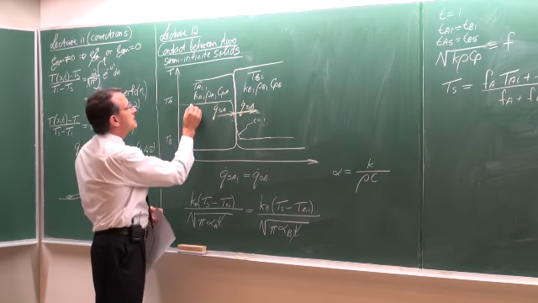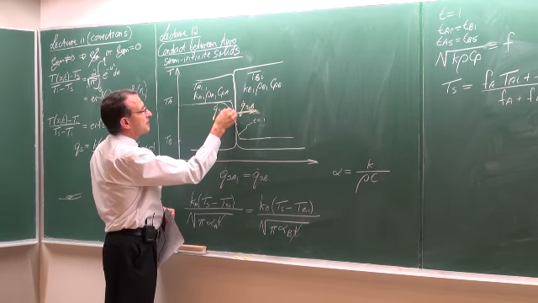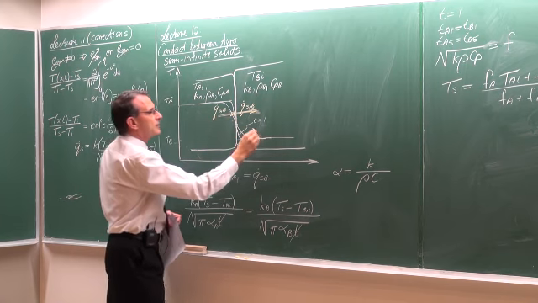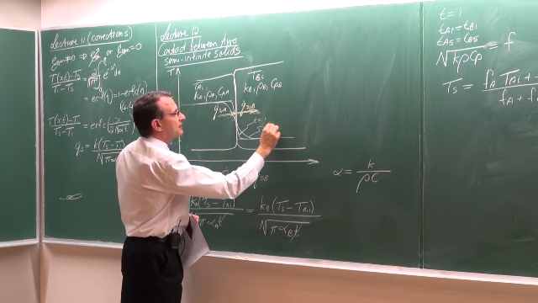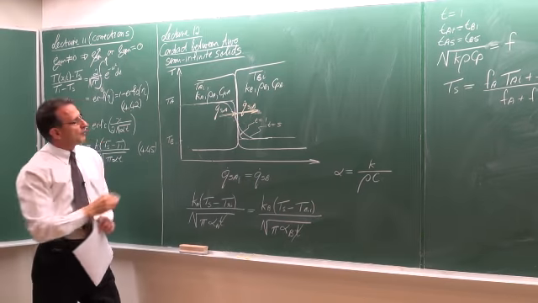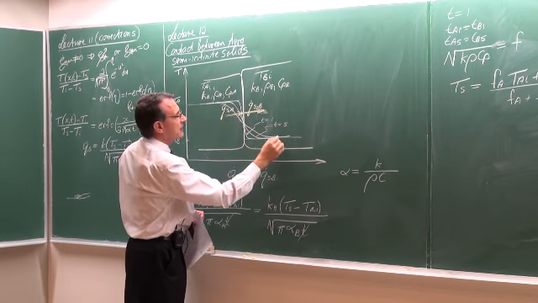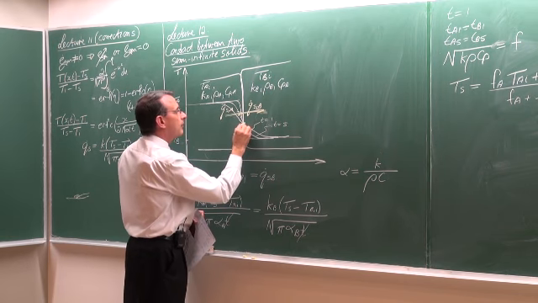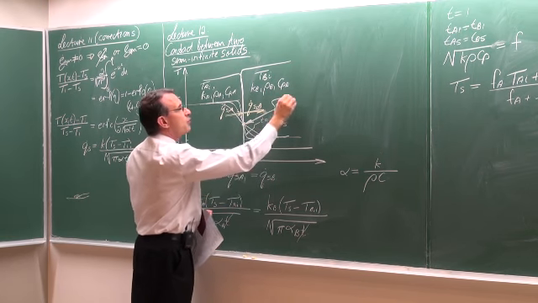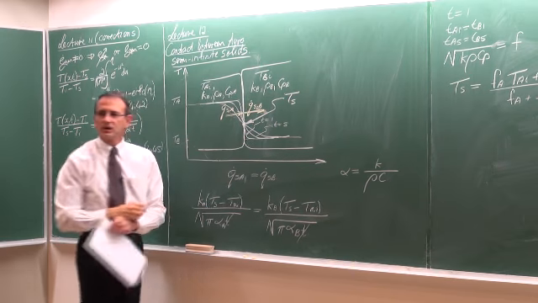So it means that after 5 seconds, the solution might look like that. And after 60 seconds, something like that. But all of them go through that one point, Ts, the surface temperature.